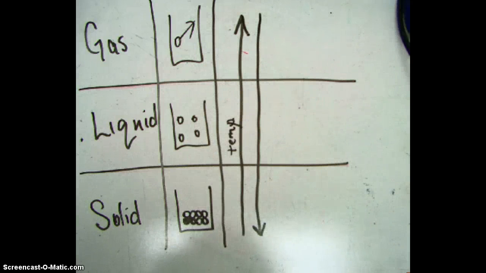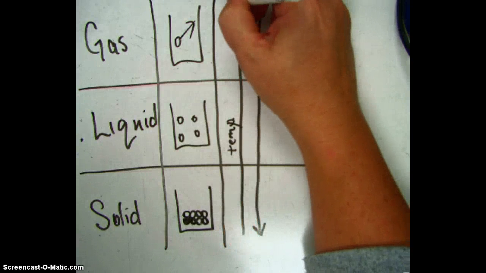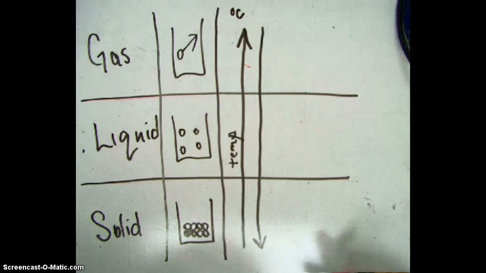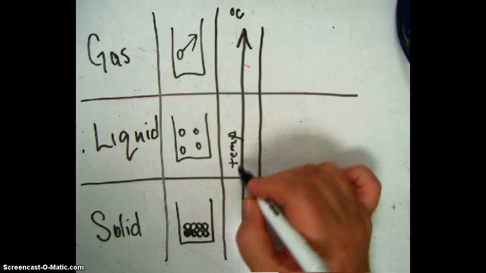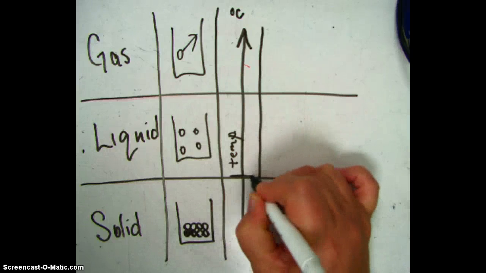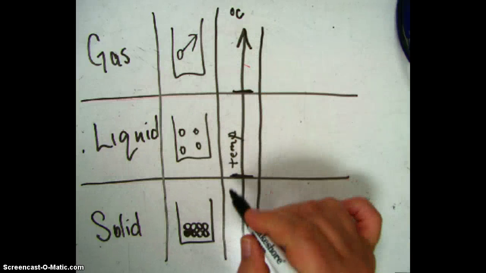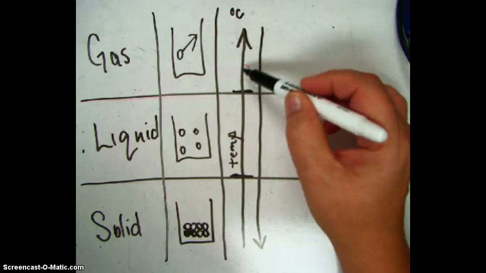The next thing that you need to remember is for water, I'm going to use degrees Celsius because I think it's important that you use the scientifically accepted temperature scale. Water will change from a solid to a liquid, and from a liquid to a solid, at its melting point, and from a liquid to a gas at its boiling point.